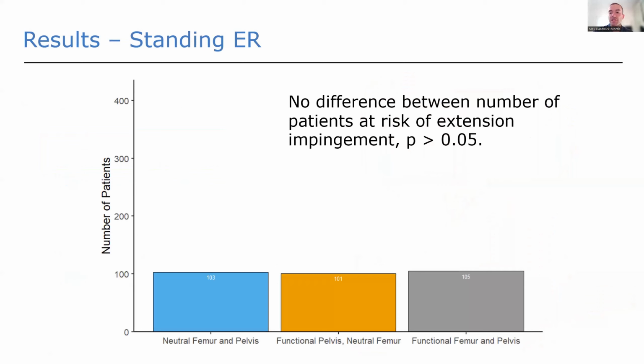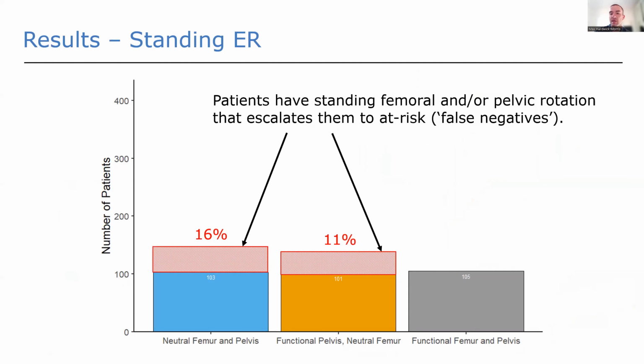Looking at these results, we have a bar chart that shows how many patients failed the simulation, i.e. did not achieve 45 degrees range of motion in each of the different combinations of bony alignments. And we found no difference between the number of patients who failed the simulation. However, when we dive deeper into the results, distinct differences appear between the cohorts as to which patients fail in each bony alignment.